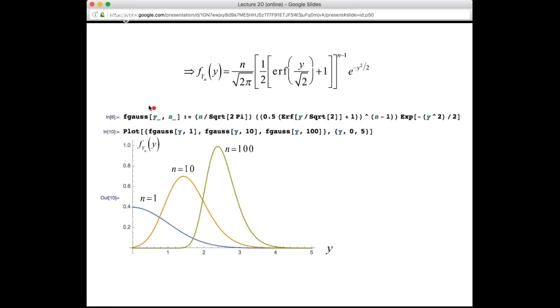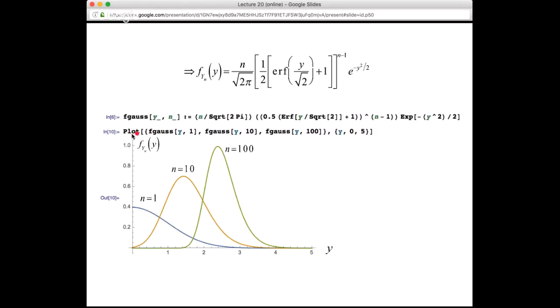Here I've basically defined that function in Mathematica, and this function is defined here as fGauss as a function of the specific value of the extreme, y_, which just means I can pass that value of y to my function, and also the sample size. So my fGauss here is just a function of the extreme value y and the sample size n. So that's this function here, just coded in Mathematica.